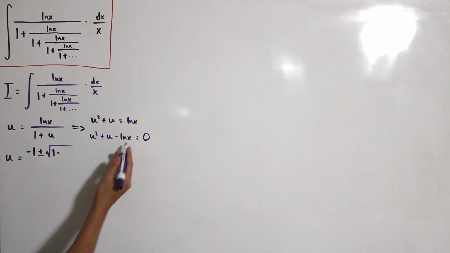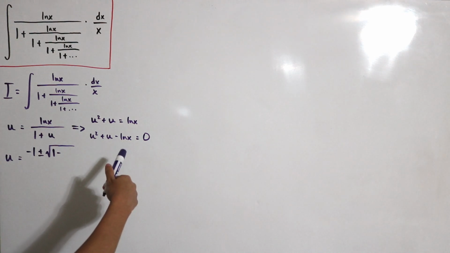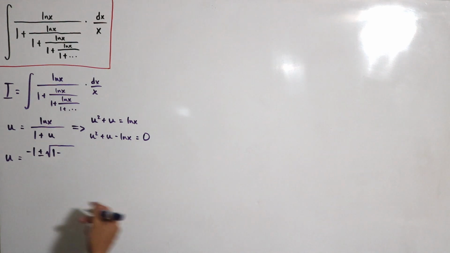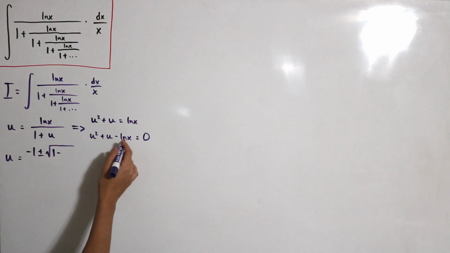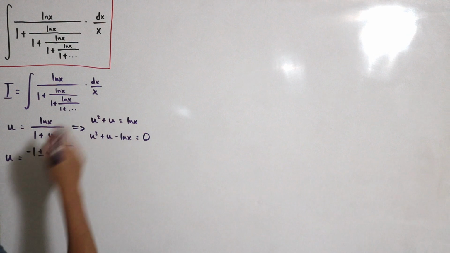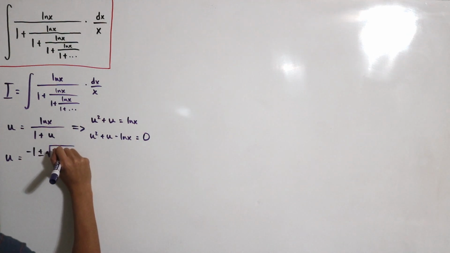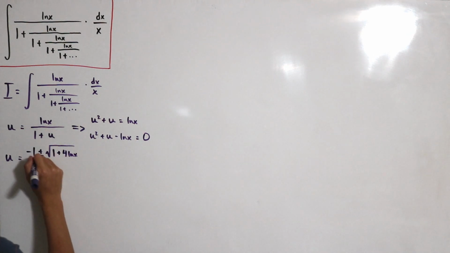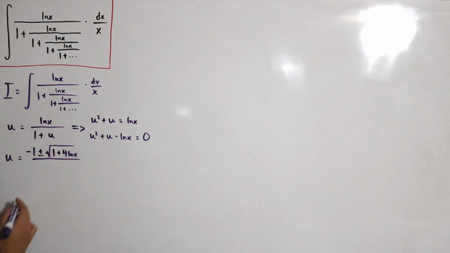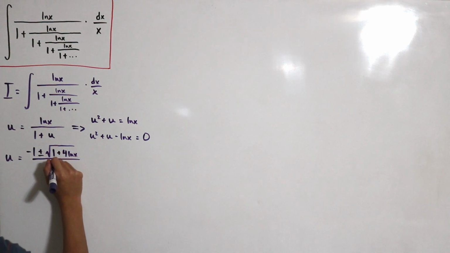Since we're solving for u, the x is treated as just a constant, so c is equal to negative ln of x. So this will be 1 plus 4 times the natural log of x, and this is being divided by 2 times a, that's just 2.